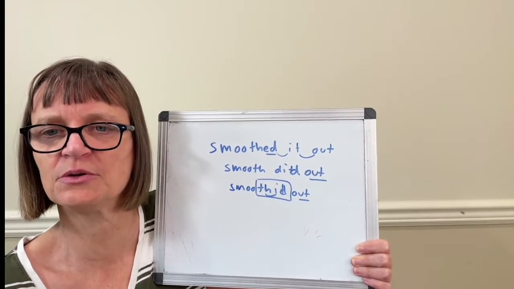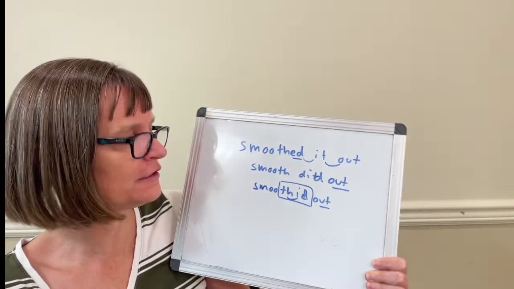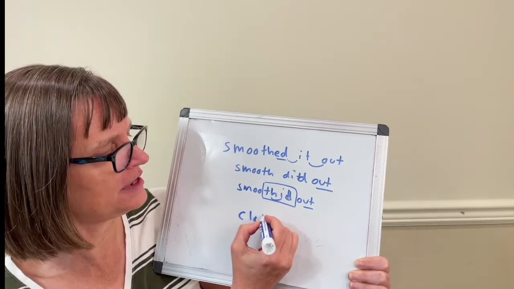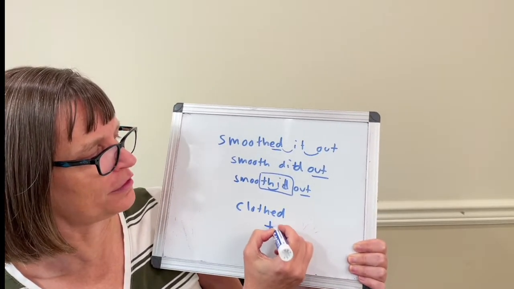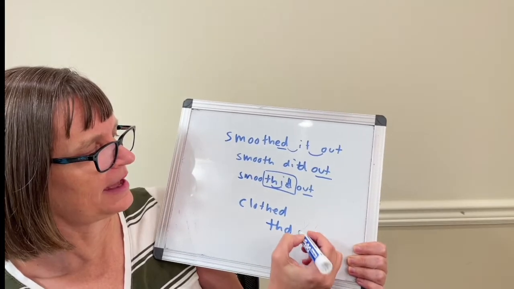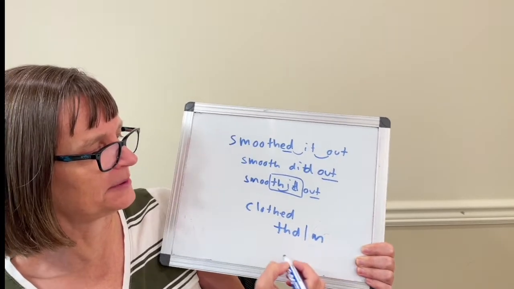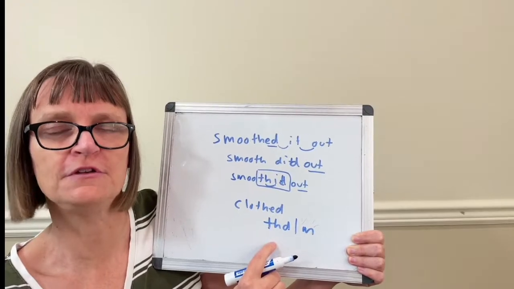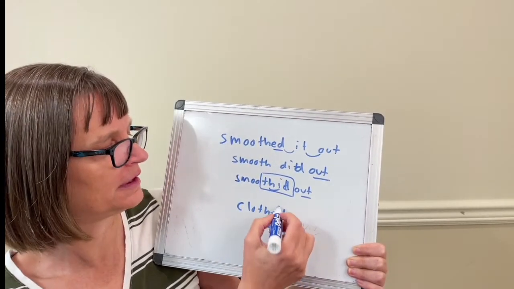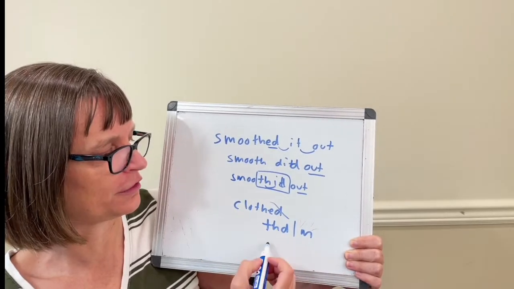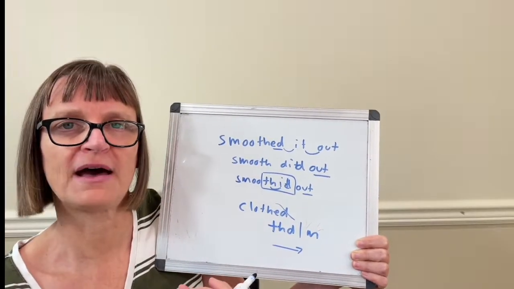But when we get to "clothed myself," the "clothed," we just go right from the th to the D. And then we have to go to an M, so basically we have to make a little break there. "Clothed myself" versus "clothe myself." "Clothe," we just go right from the th. "Clothe my."